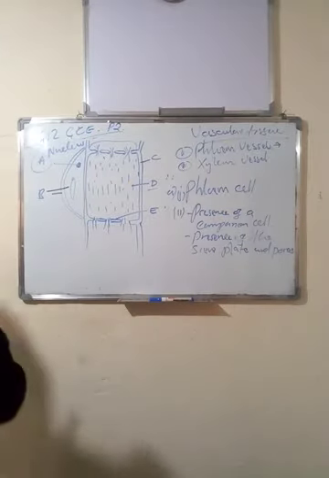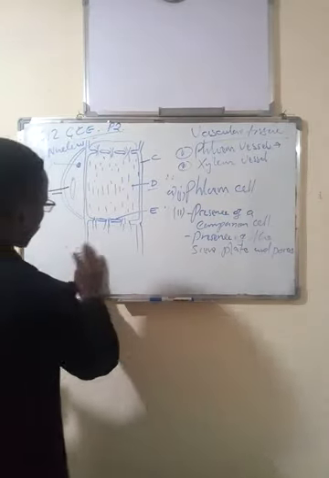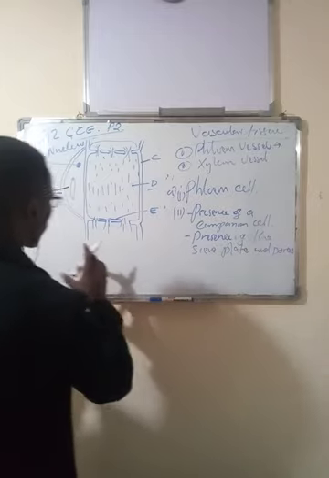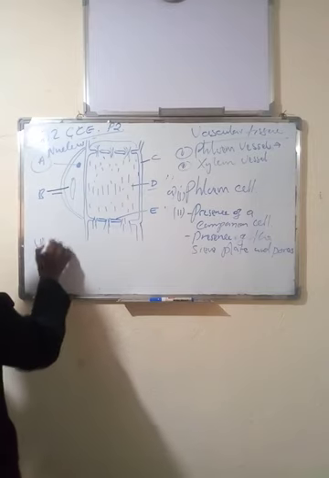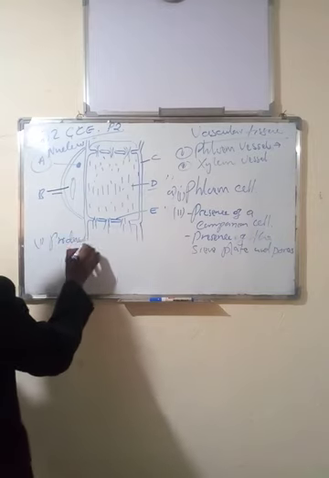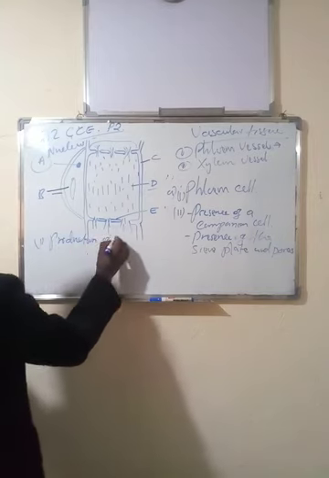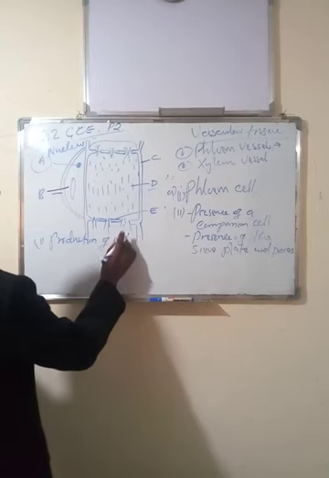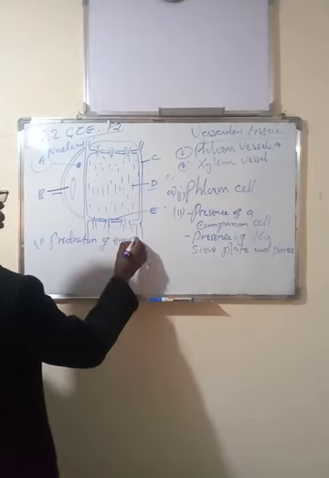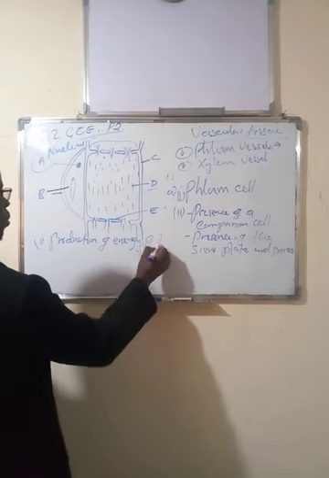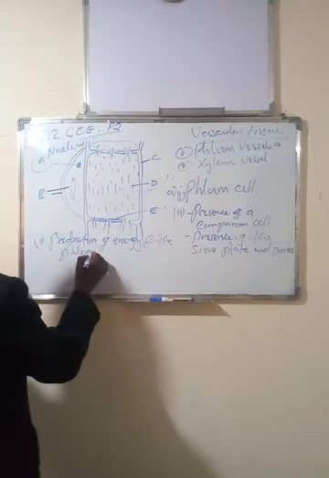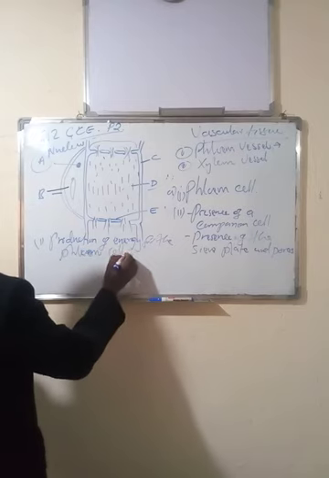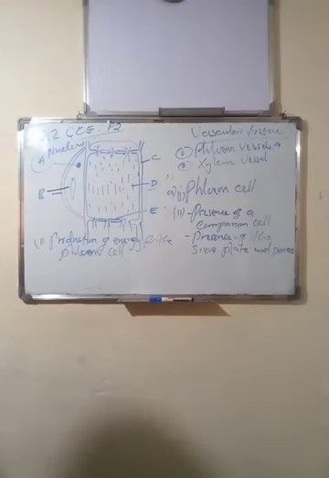So what is it? The function number one: production of energy for the phloem cell.